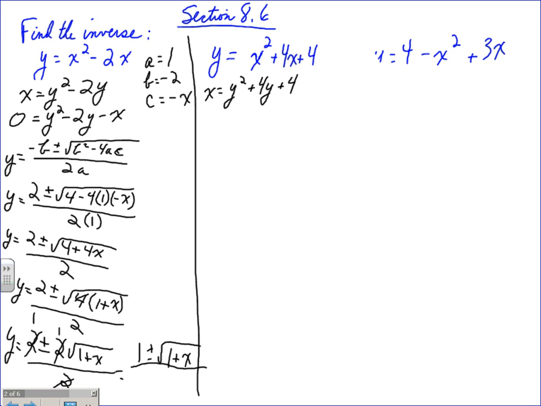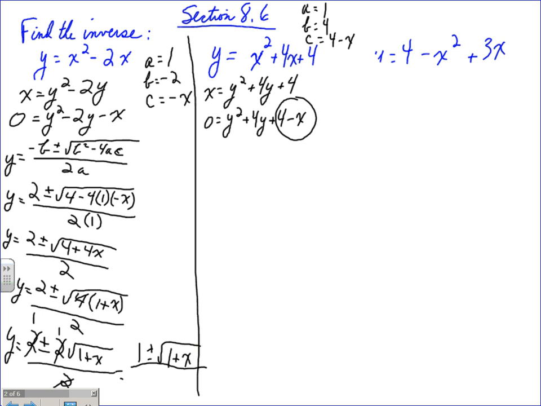Switch the x and y. Set the equation equal to 0 by subtracting x from each side. Identify your A, B, and C. A is 1, B is 4, C is 4 minus x. That's your C term.